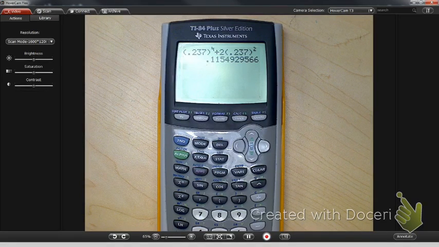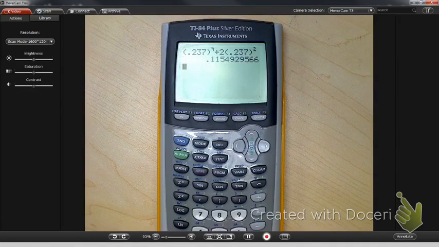And then last but not least, write the equation of the line in point slope form. y minus 0.115 equals the slope, which is 1, times x minus 0.237. If I distribute the 1, I get y minus 0.115 equals x minus 0.237.